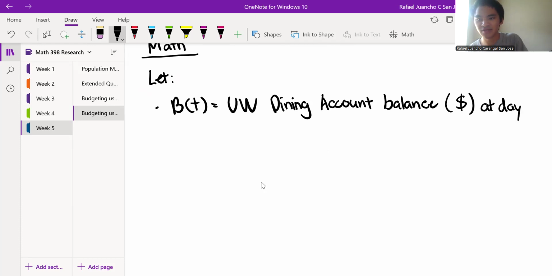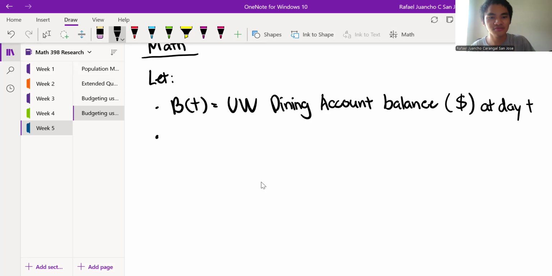And this is per day, so for a particular day, this is my balance. At this particular day, my balance decreased by this much.